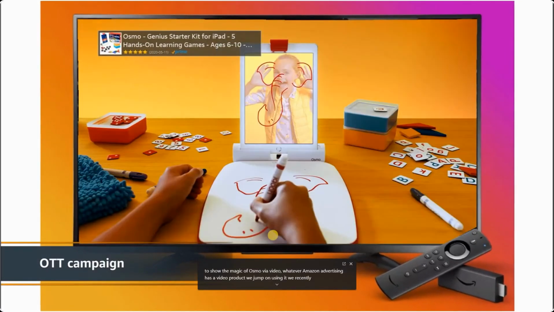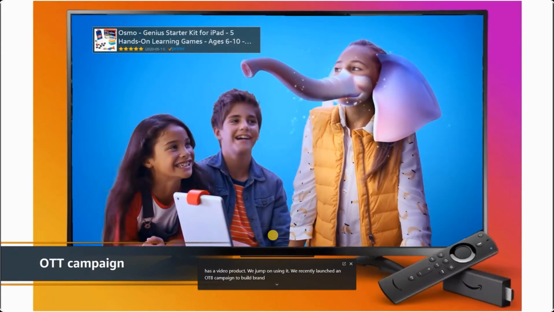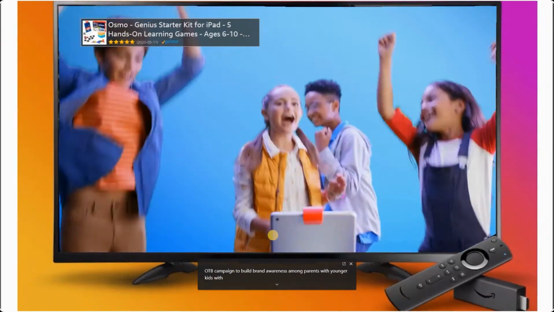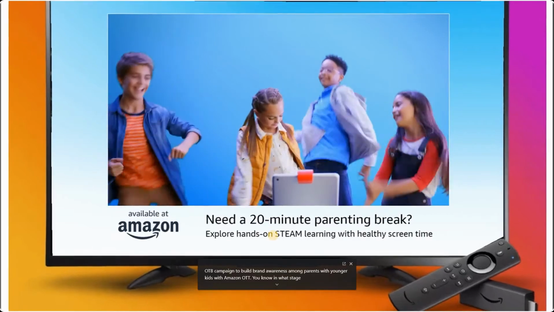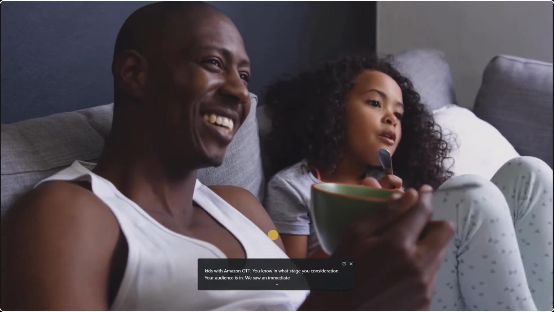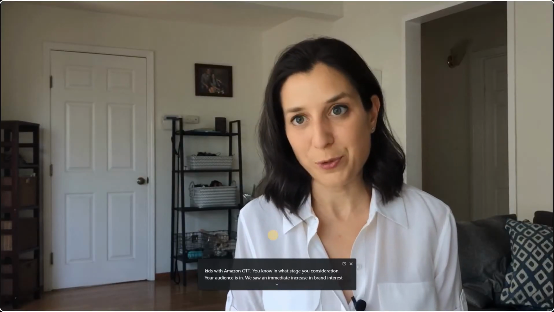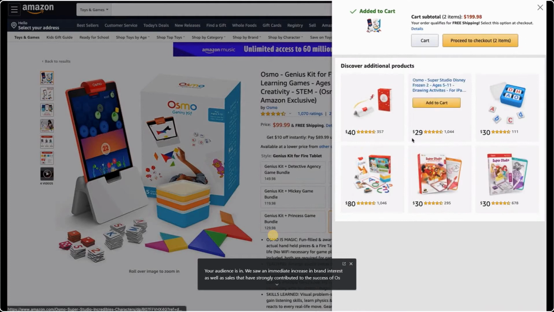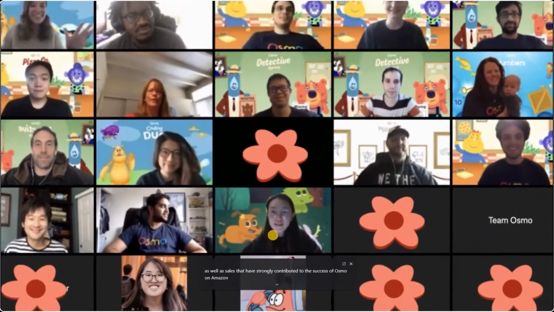We recently launched an OTT campaign to build brand awareness among parents with younger kids. With Amazon OTT, you know in what stage of consideration your audience is in. We saw an immediate increase in brand interest as well as sales that have strongly contributed to the success of Osmo on Amazon. At Osmo, analytics is very important to us.